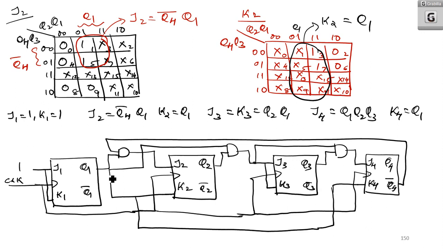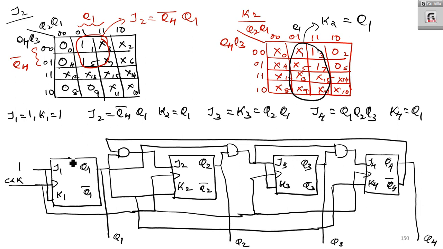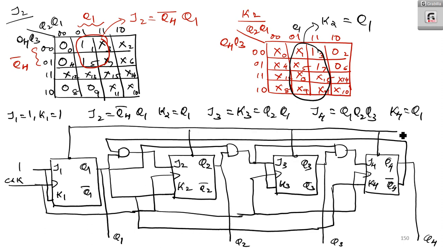Okay. Now Q1 is taken out, Q2 is taken out, Q3 is taken out, Q4 is taken out. These are the outputs. Now we have preset and clear. 1, 2, 3, 4, this is preset. These you can short and give as a preset.